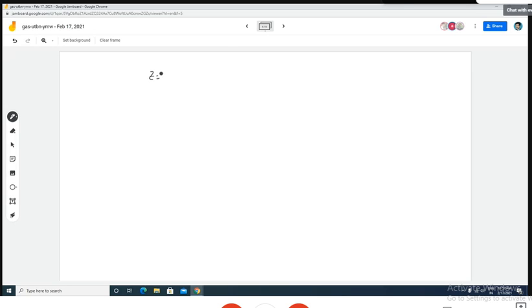If z is equal to z0 is a simple pole, then the residue of f(z) at z is equal to z0 is nothing but the limit of z minus z0 times f(z) as z tends to z0. Right?